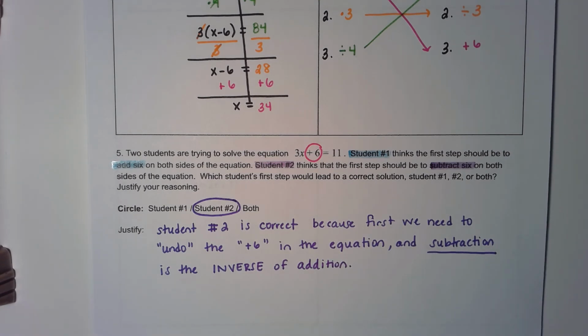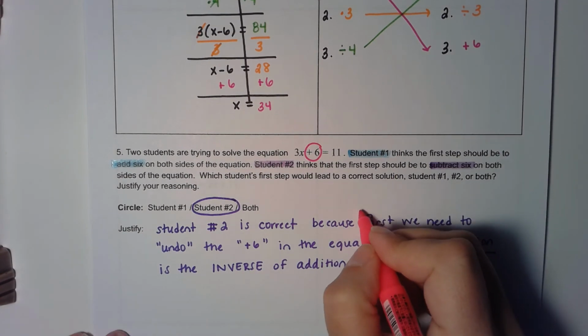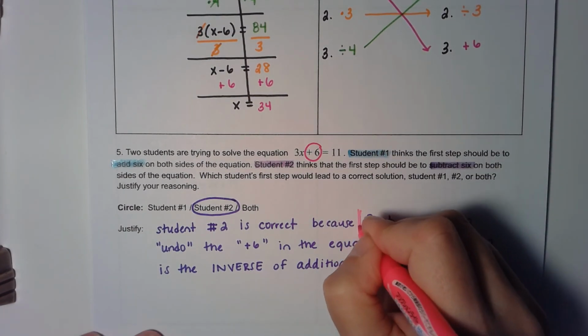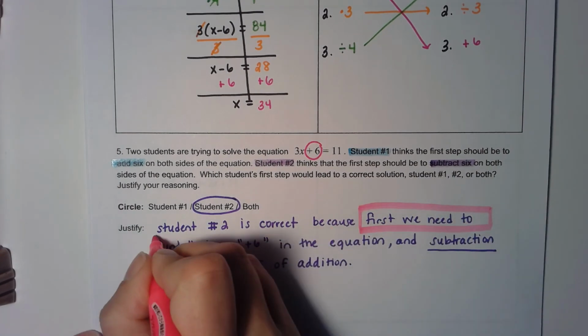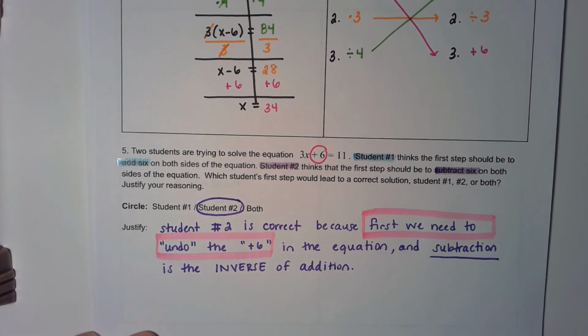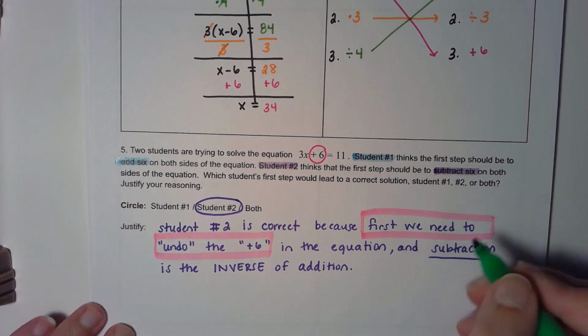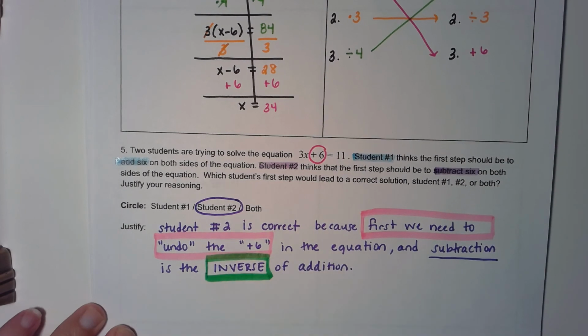So there are a couple important things in how we justify our answer. We need to say what was the first thing we were trying to do. The first thing we were needing to do was undo the plus 6. And then we need to say why subtraction is the right way to go. And we would say subtraction is the right way to go because it is the inverse of addition.